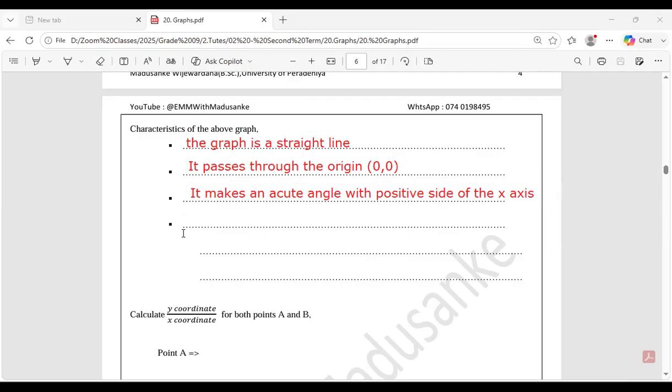When any point on the line except origin. Origin is 0, 0, so you are not going to do it.